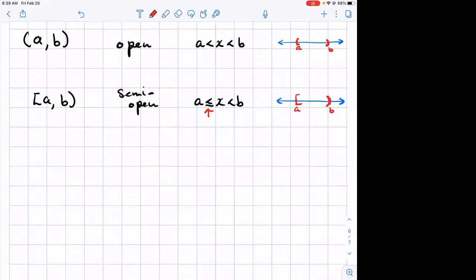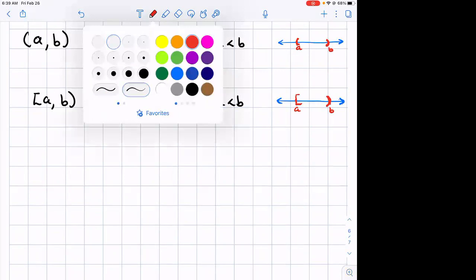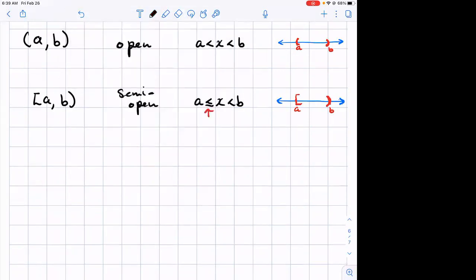And then we also have where we switch it around now. Parenthesis a, comma b, but now closed. So still this is semi-open. Now we said x is less than or equal to b, but greater than a.